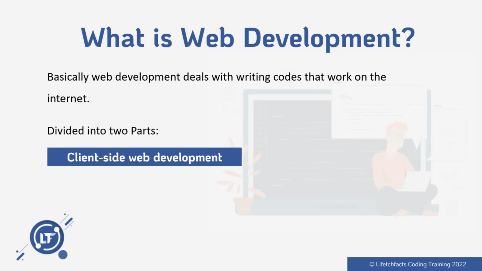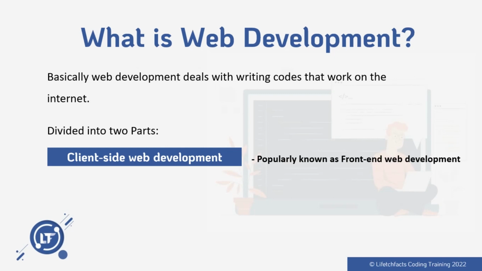The first one is client side web development. This is more popularly known as front end web development because it deals with everything that is on the client side, that is on the device browser. How everything is displayed well, how all the interactions are giving a particular response, all the actions are giving a result.